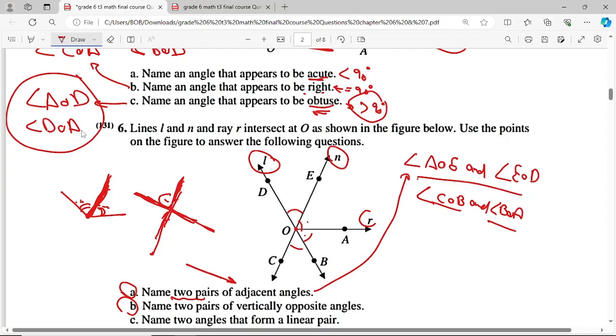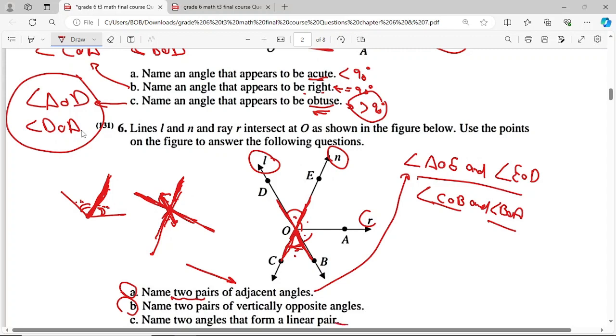So this angle and this angle are vertically opposite. So here I can see BOA. See, BOC, it's an angle. So where is the opposite angle for this angle? You can see this is the line. I extend the line on the other side, the opposite side, and this line on the opposite side also. So I can see that this angle is opposite to this angle.